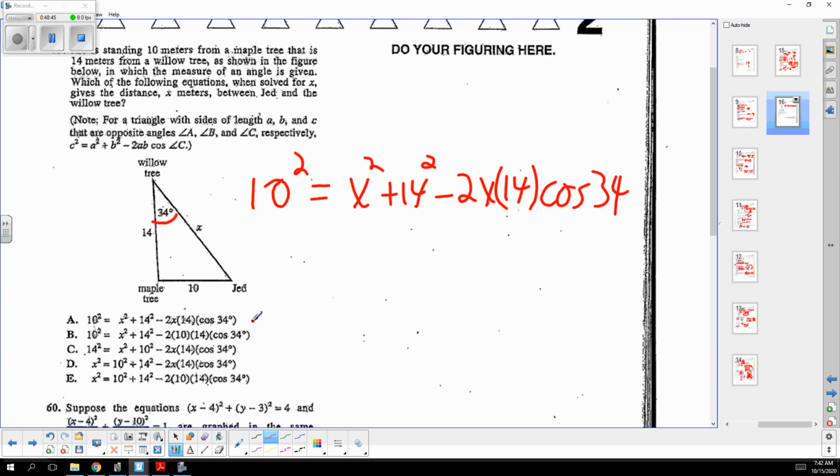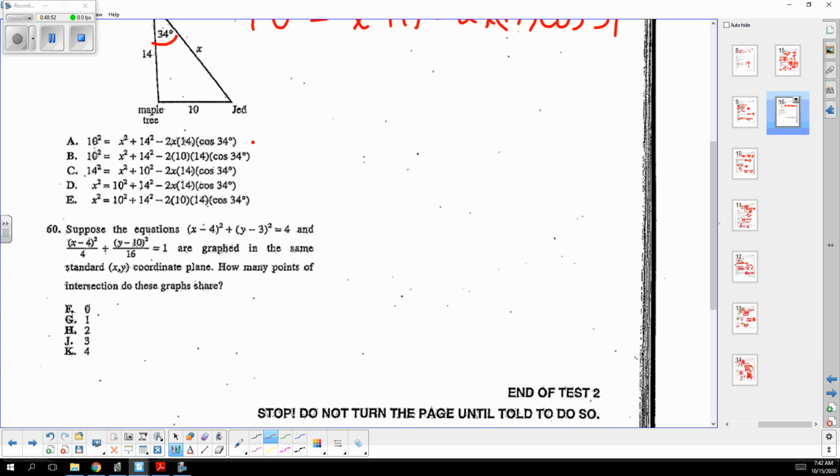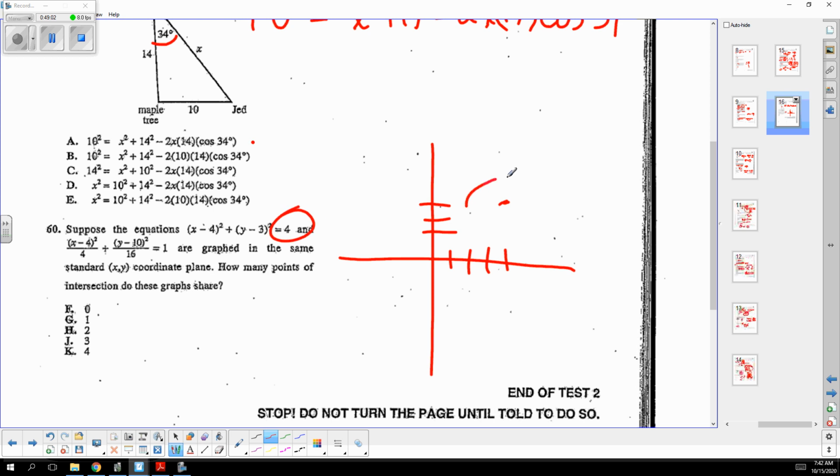Last one is these two aren't going to touch at all. The center here is 4, 3, and the radius is 2. The center here is 4, 10, and the x radius is 2, and the y radius is only 4.